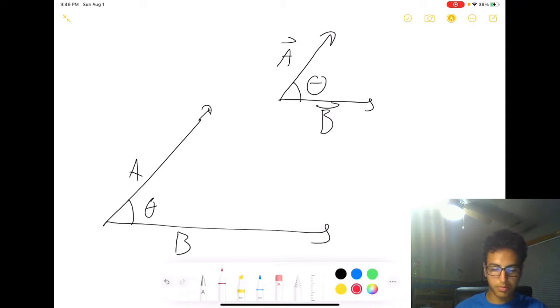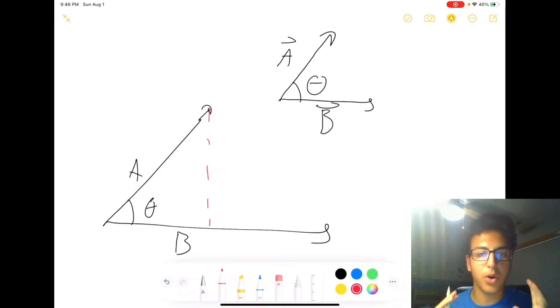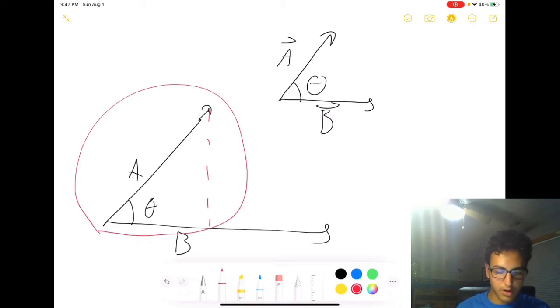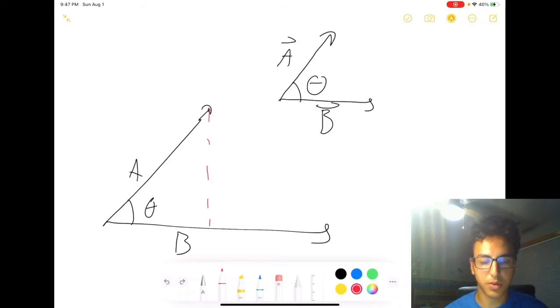We can bring this down from the tip of A and project it onto here. We can split A into vector components like we would in the XY direction, but now we're going to split it into the B direction and the perpendicular to B direction. If we look at this section right here, it's just a right triangle. We formed the right triangle because we brought this straight down and it's perpendicular.